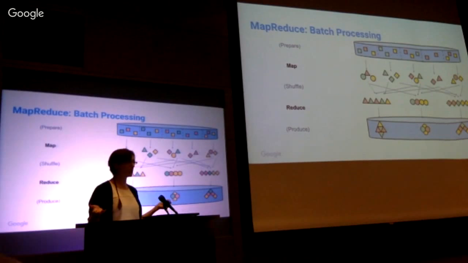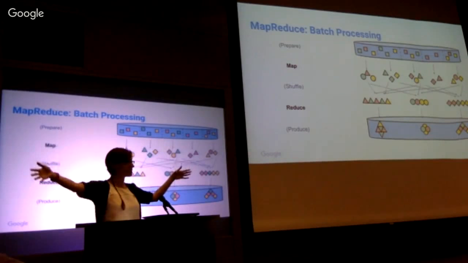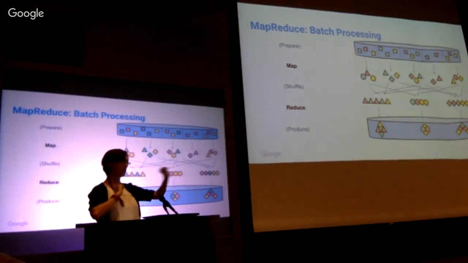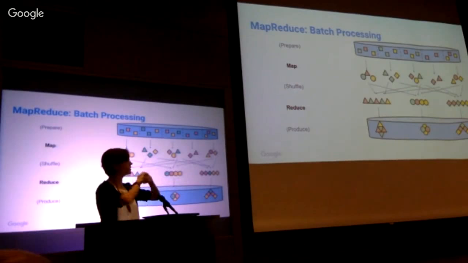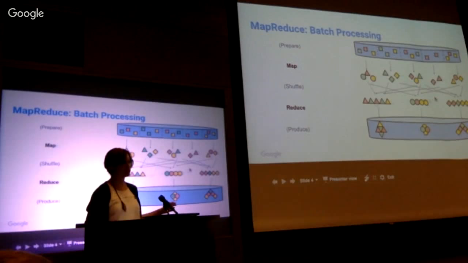What MapReduce allowed engineers to do is to take a big data set, chunk it up into small pieces, and apply a map function on each of these pieces, producing a key and a value as an output of the piece, which are these guys. And then group by key, so you get all triangles together, all circles together, or diamonds together.